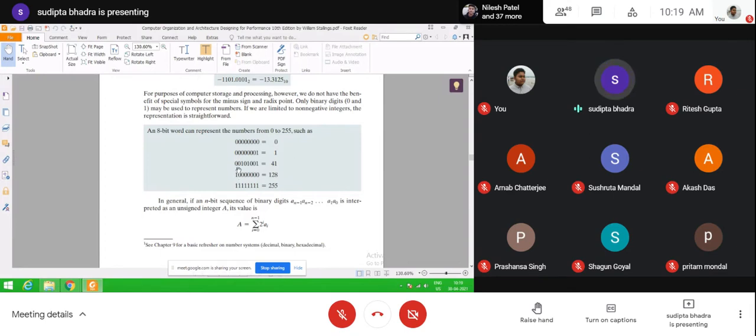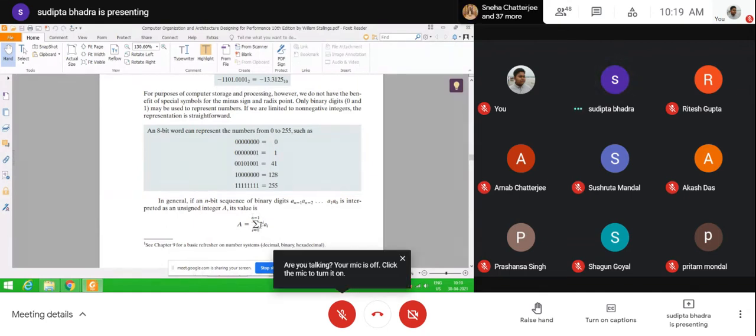The collection of bits can represent several unsigned integers, like 0, 1, 41, 128, 255. The value of the unsigned integer a can be represented by the summation, for i equal to 0 to n minus 1, of 2 to the power i times ai.